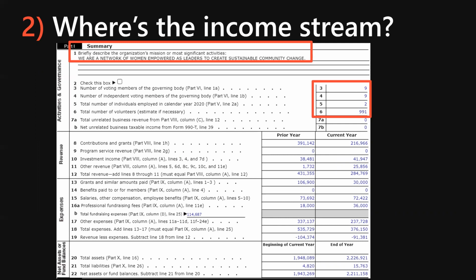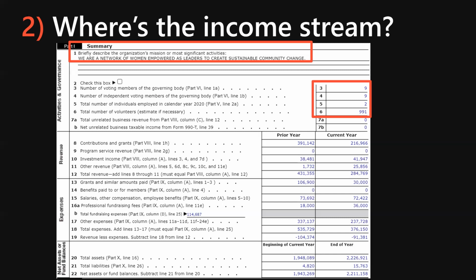Boxes 3 to 5 over here. You want to evaluate board size. That's box number 3, number of voting members of the governing body. Governing versus non-governing could be a distinction to be aware of. Looks like you had 9 board members during this fiscal year. They are all independent according to box 4. In line number 5, it looks like you had 2 employees of the Junior League of Phoenix and 991 volunteers.